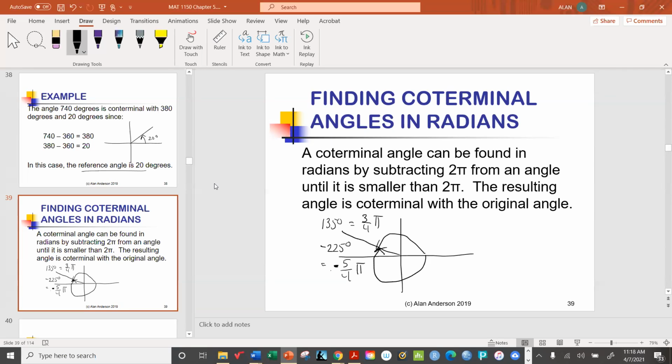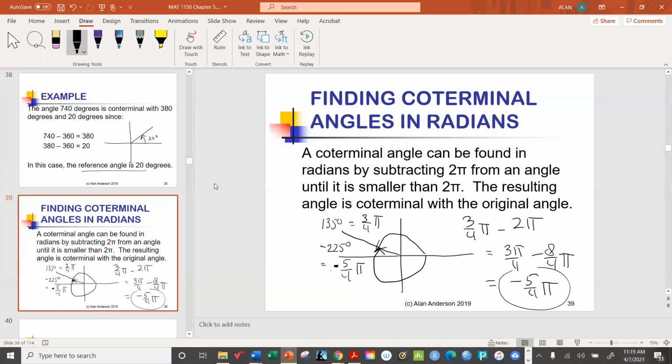Okay, so what they're trying to say here is that if you took 3/4 pi and subtract 2 pi, which we now need a common denominator, that'll be 8/4 pi, you're going to wind up with minus 5/4 pi. Okay, this is what we're looking for.